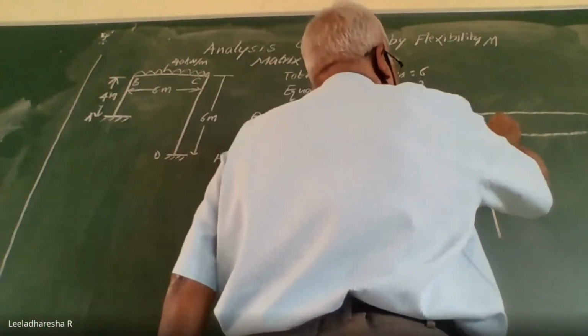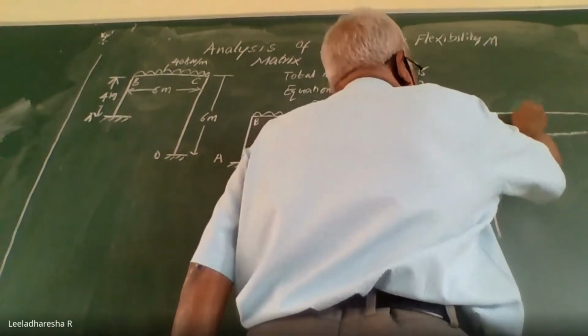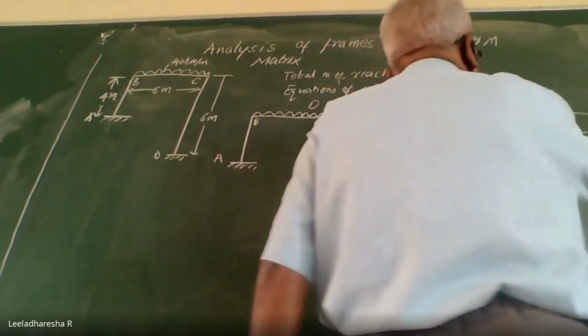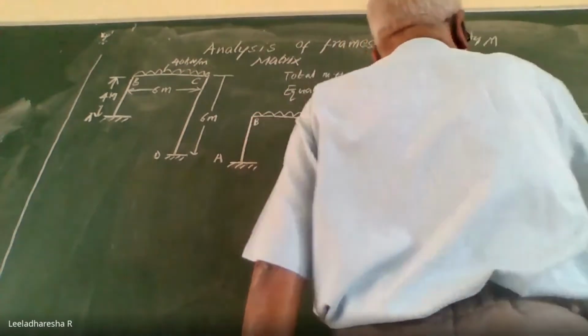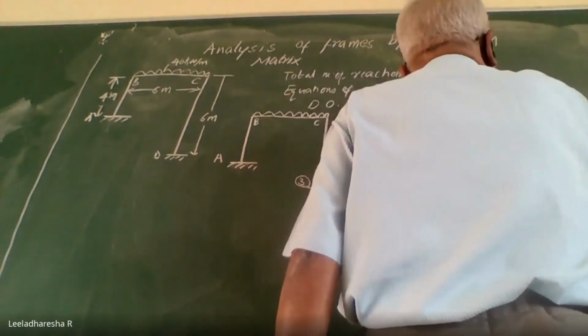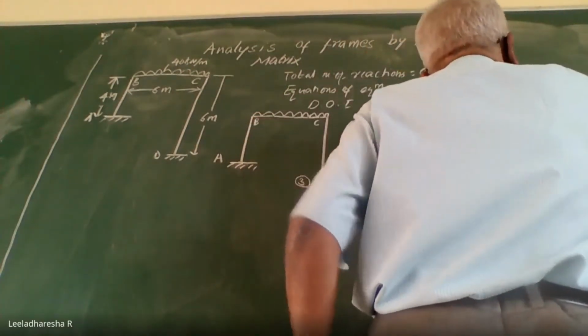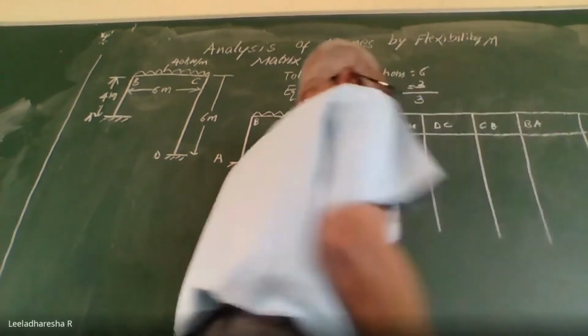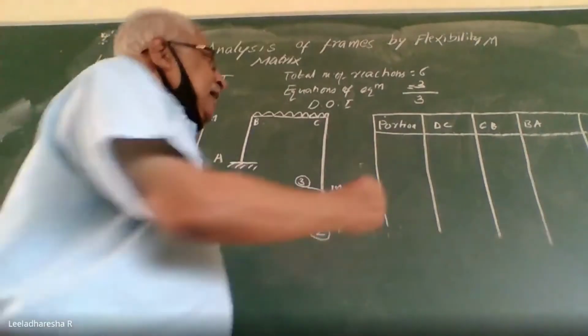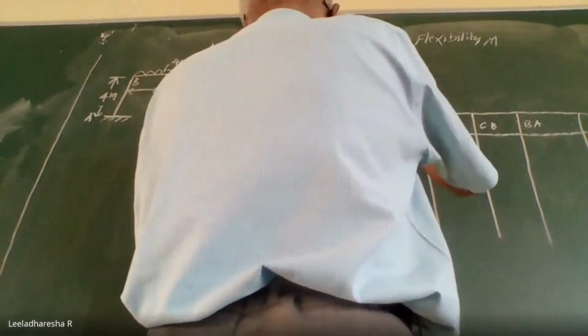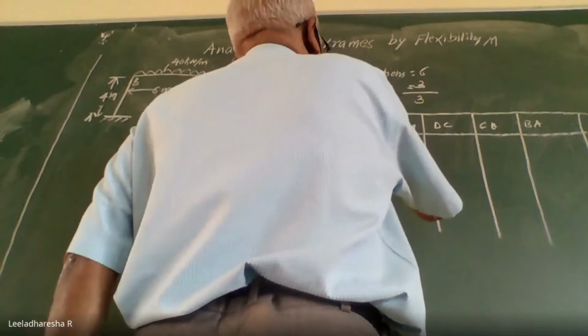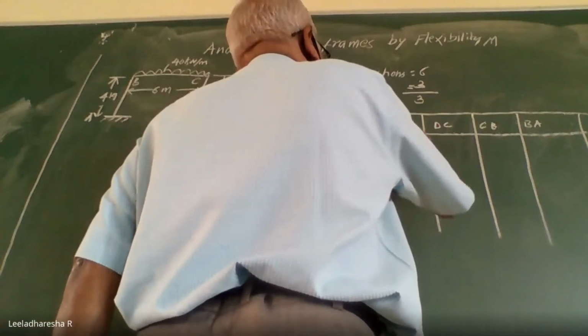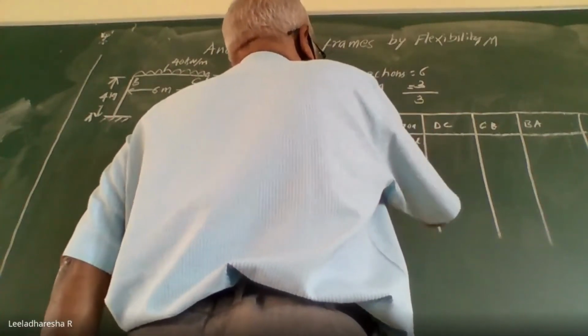So the next portion is CB. Then the next portion I consider is B to A. In the second row, you call it flexural rigidity.